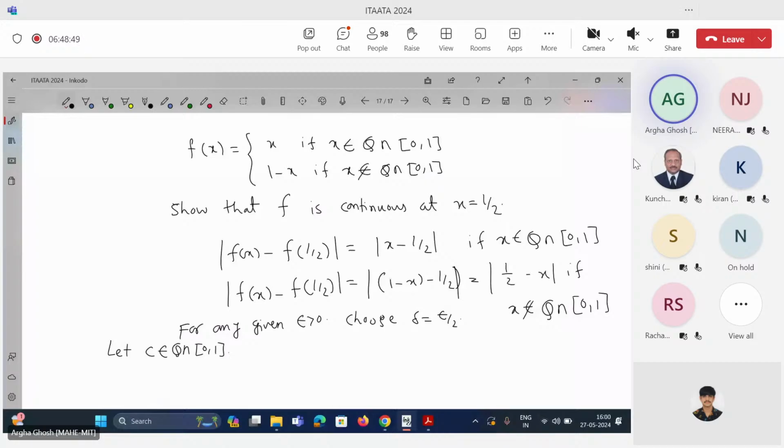So let r_n be a sequence of irrationals in (0,1), obviously, that converges to c.